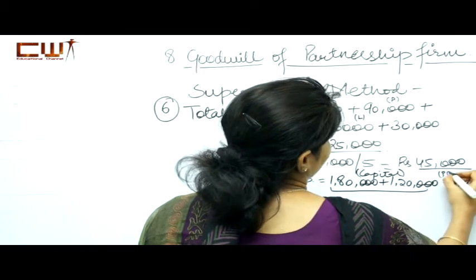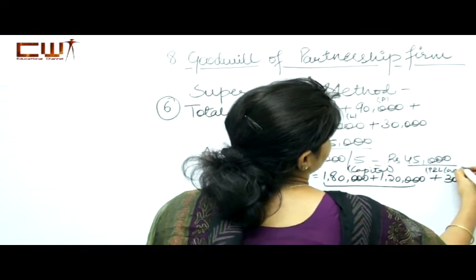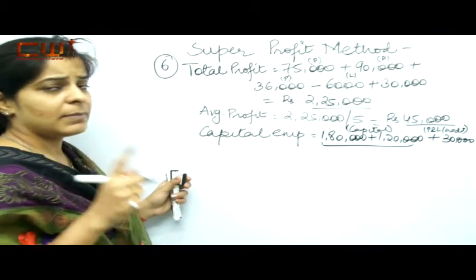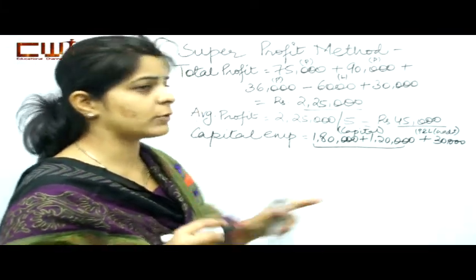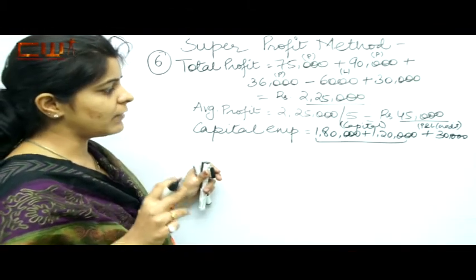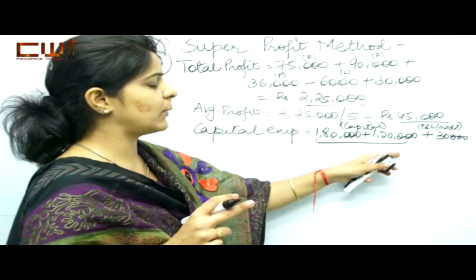This is P&L account credit. Credit means what? Credit means it is given on the liability side. Please make sure, in the last question we didn't add the P&L account because it was not given in the question. In this question, they have given the partners' capital accounts to be 1,80,000 and 1,20,000.